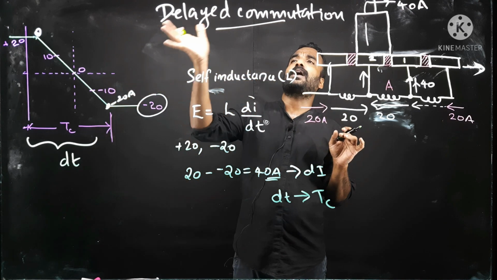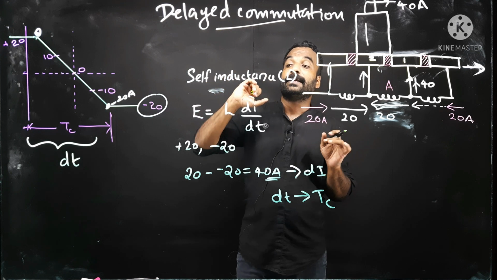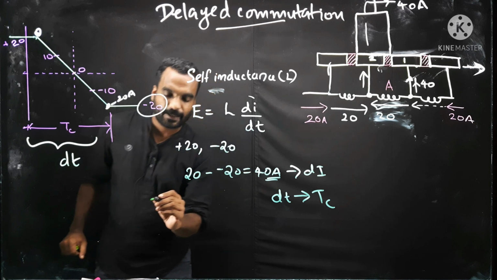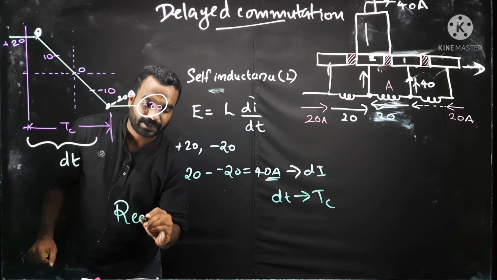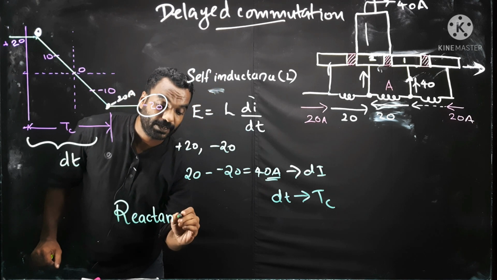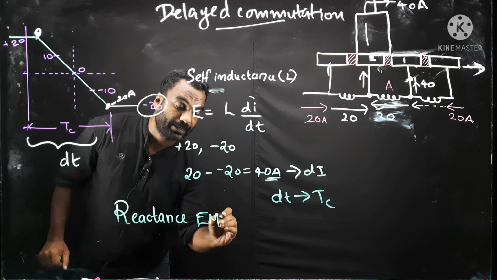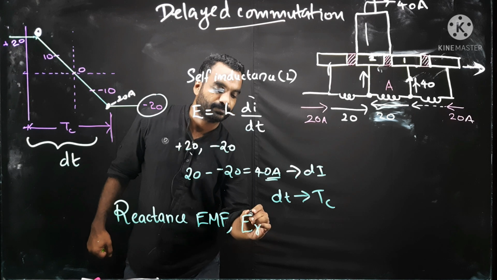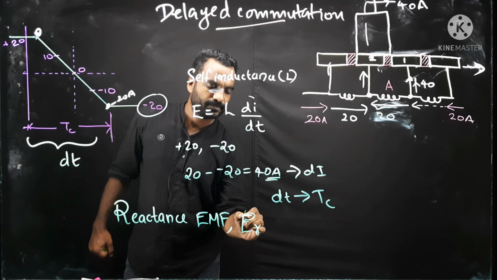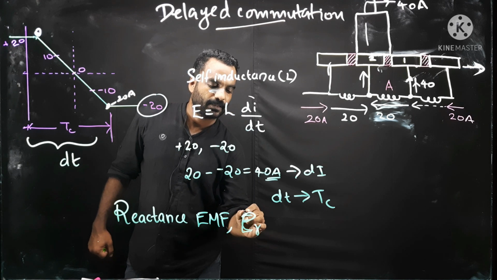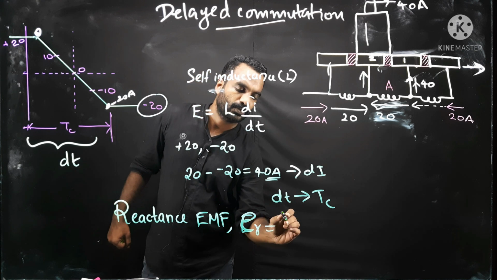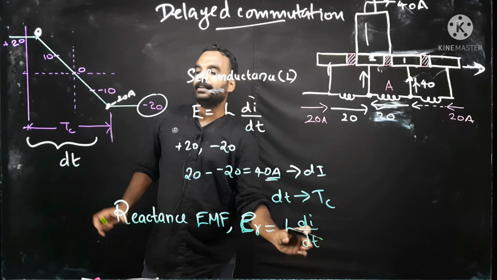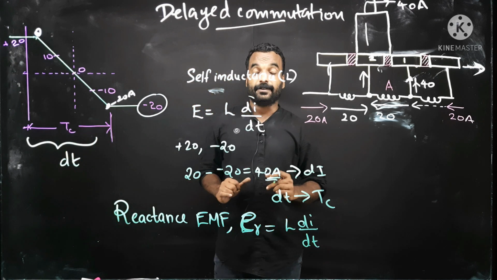Whenever a coil undergoes commutation, it will produce an EMF inside that coil, and that EMF is known as reactance EMF. Very important point. That EMF is known as reactance EMF, ER. Generally you can write small letter e. ER is equal to L di by dt, where dt is the commutation period.